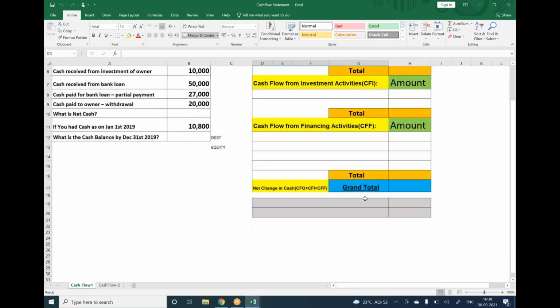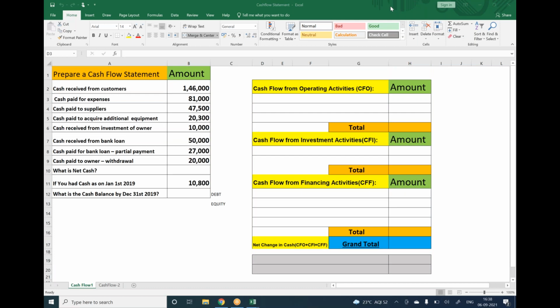Were you able to do this cash flow one? What was the answer? I'll do the balance sheet, don't worry. First, let's finish off cash flow. We have enough time.